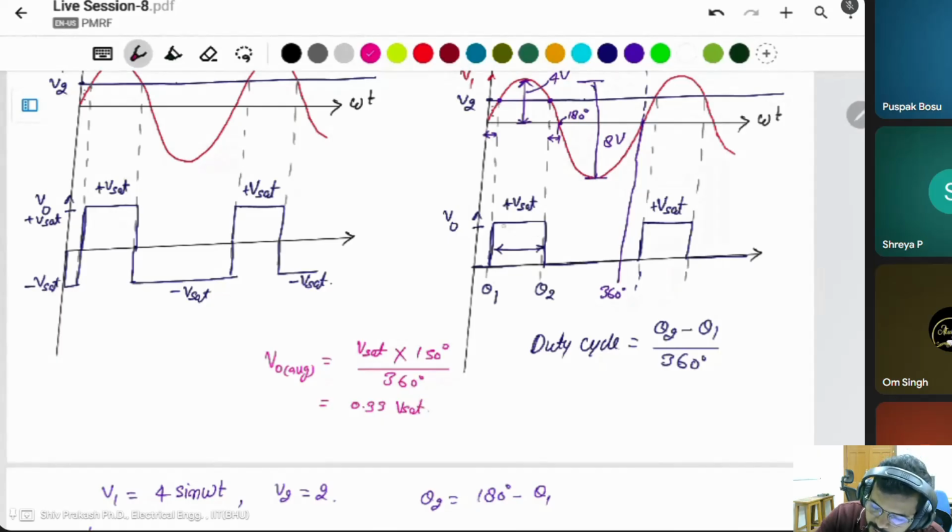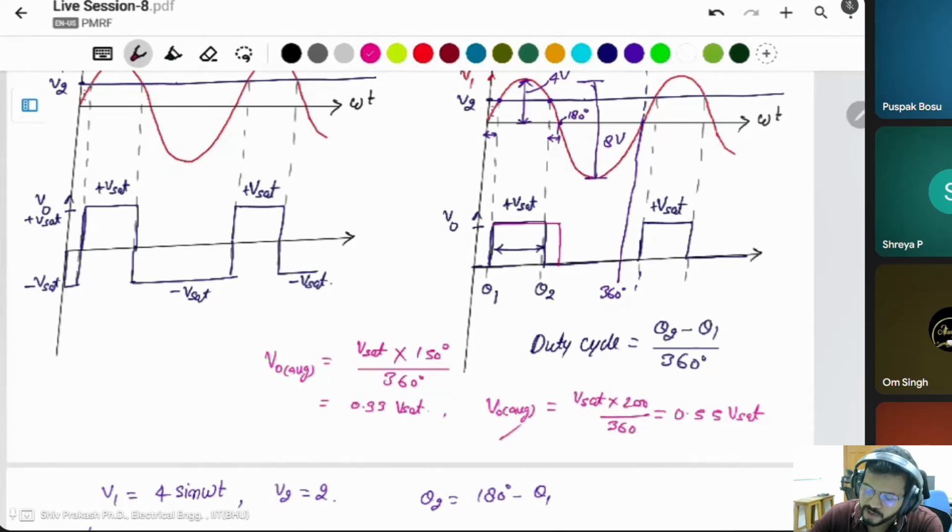Suppose you increase the duty cycle, suppose to 200 degree. Then what is the output voltage? V saturation times 200 divided by 360. In this case, we will get 0.555 V saturation.